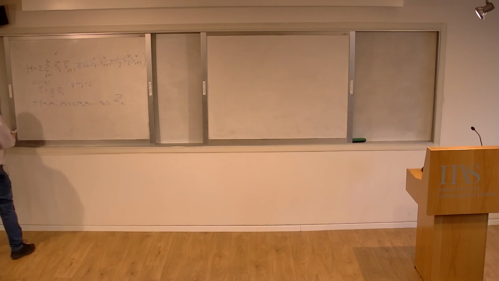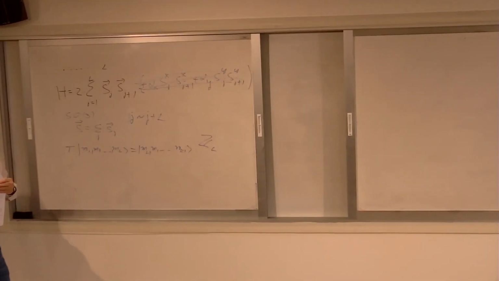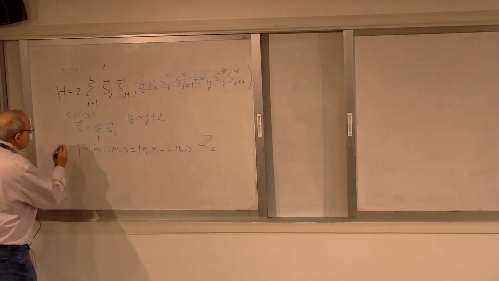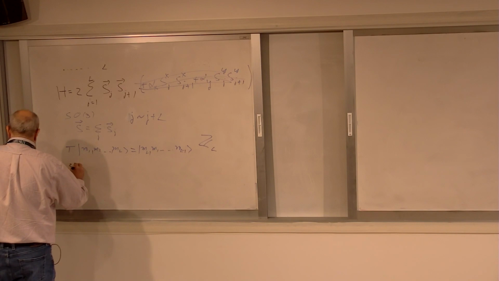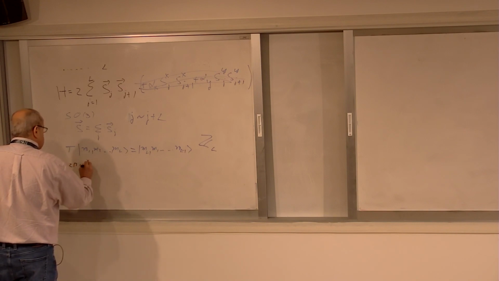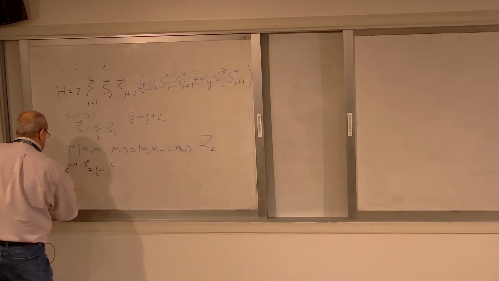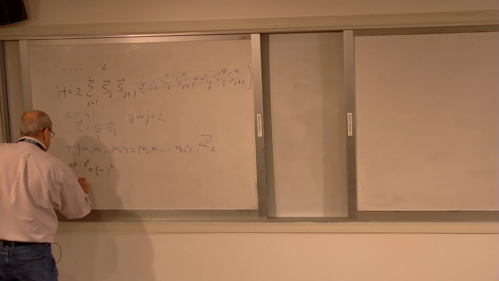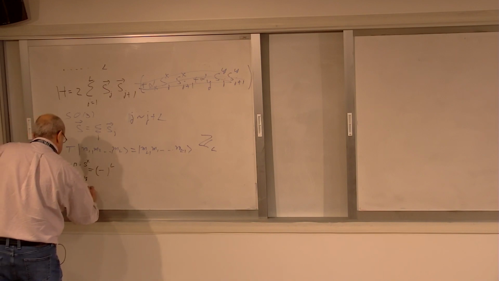Subtlety number 1, that I'm very glad that nobody asked about it. You could ask, why did I write SO3 here? Because e to the 2 pi i Sx, where S is the sum of all of them, is minus 1 to the n. It's also the same for e to the 2 pi i Sy and e to the 2 pi i Sz.